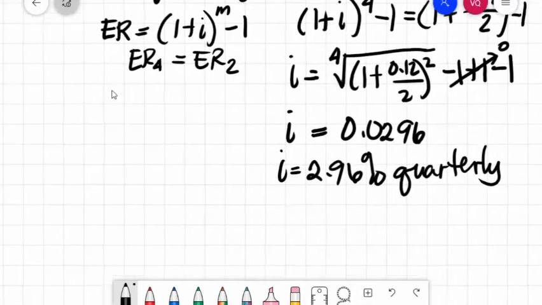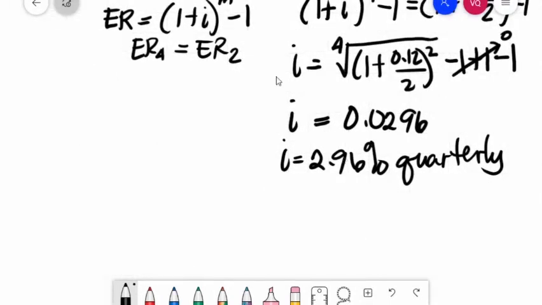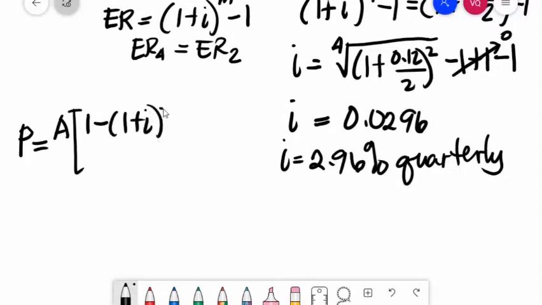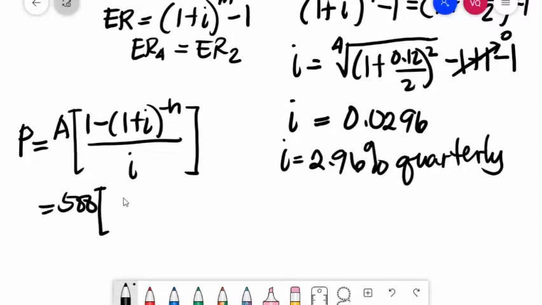Solving now for present worth, it is equal to A times 1 minus 1 plus I raised to negative N divided by I. So, A is 500 times 1 minus 1 plus 0.0296.